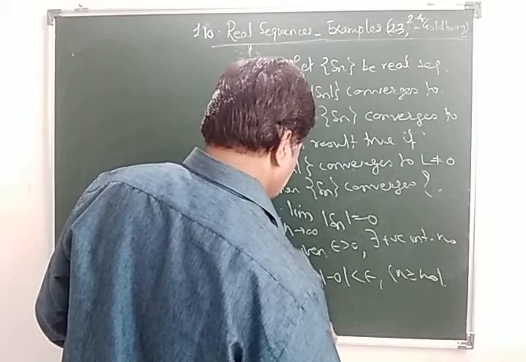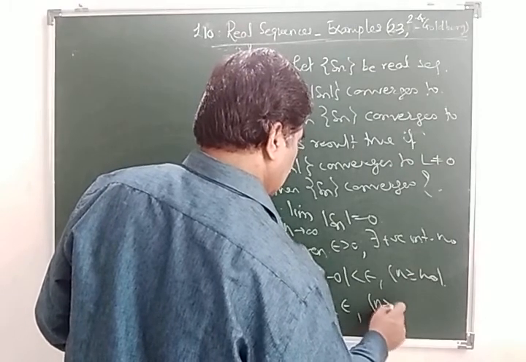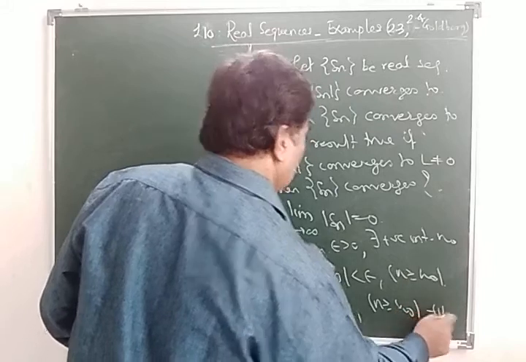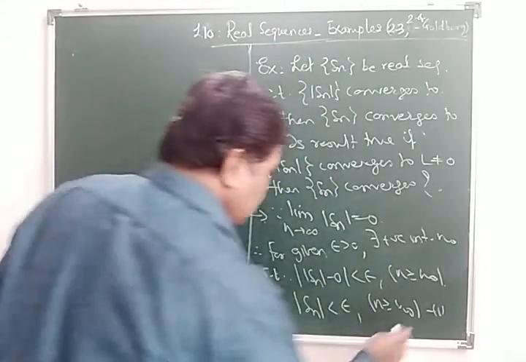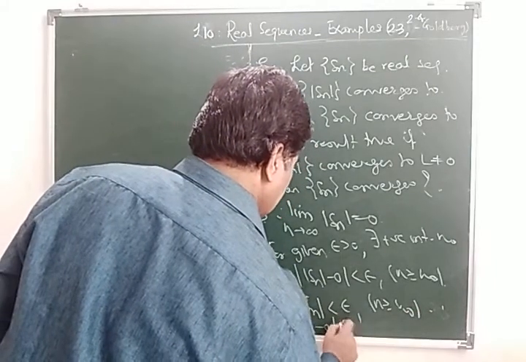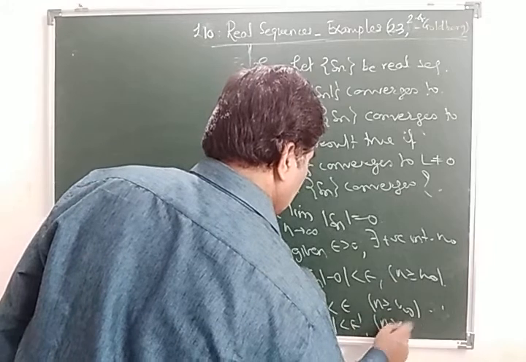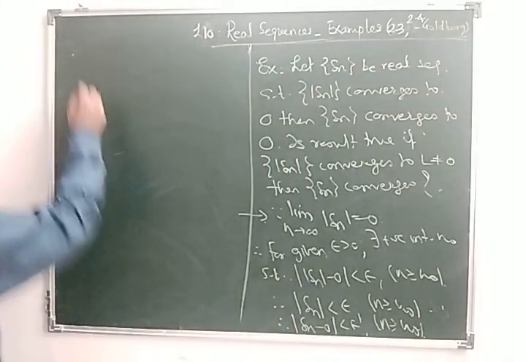And therefore mod Sn is less than epsilon for any n greater equal n naught. But this is the same as mod Sn minus 0 is less than epsilon for any n greater equal n naught. This implies the limit of Sn is also 0.